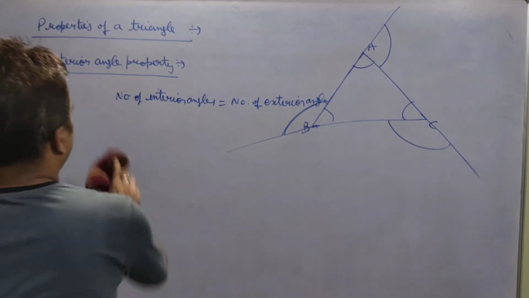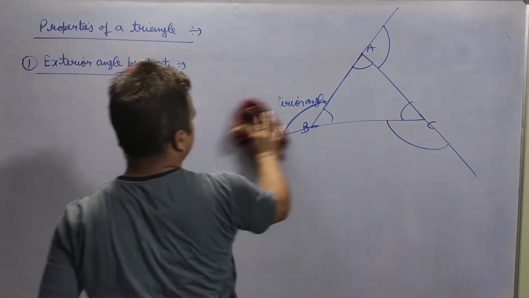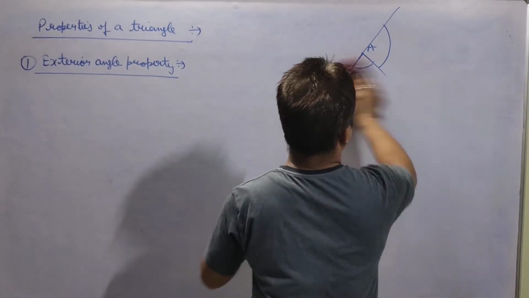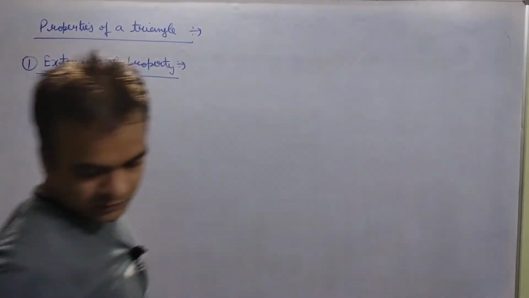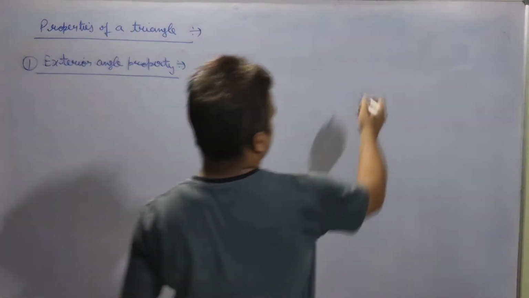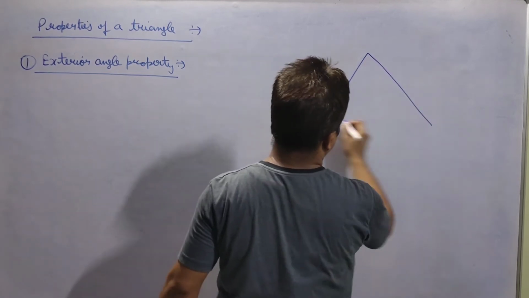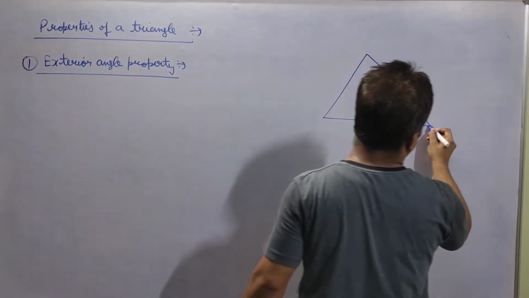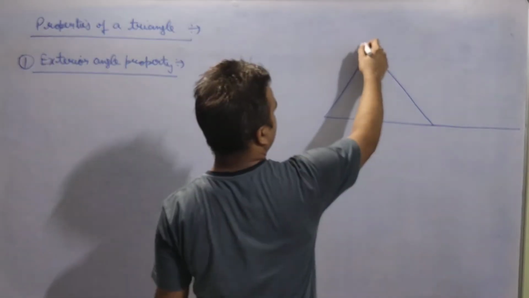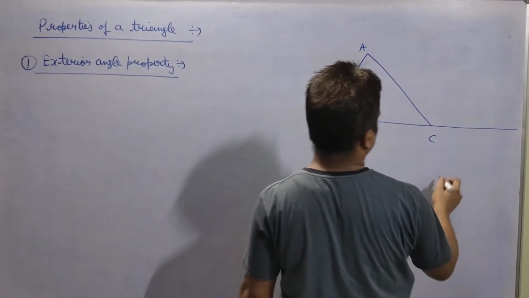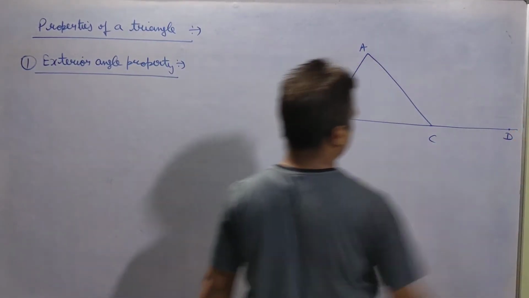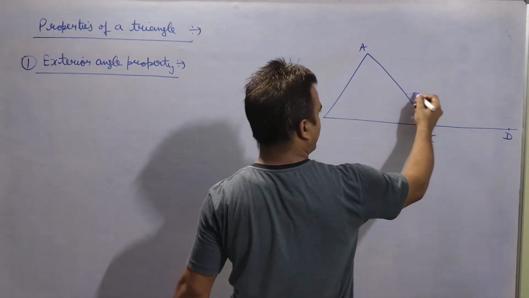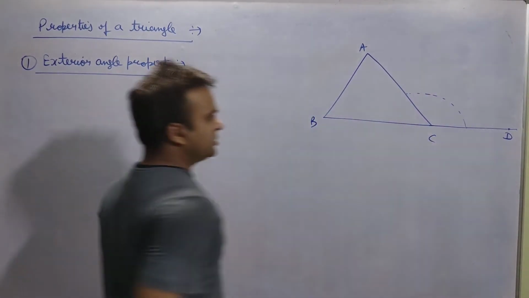Now I am making one more triangle here. This one is clear. So if I draw a figure here, and this one I have extended, A, B, C, and this is D. You can see this particular angle is the exterior angle, right?